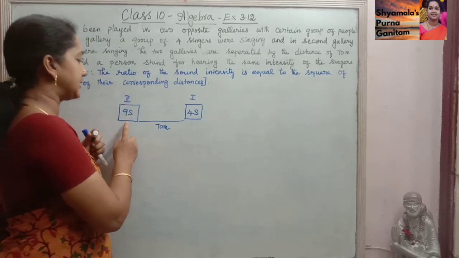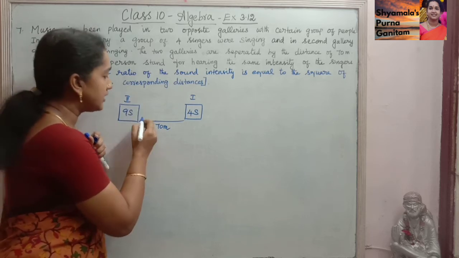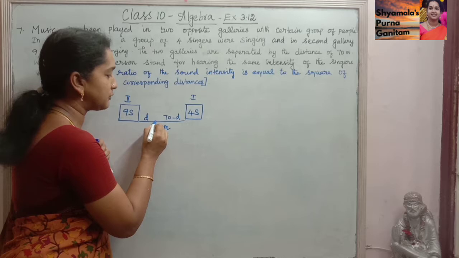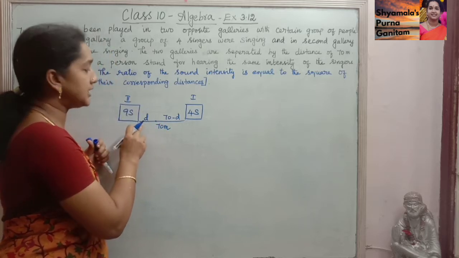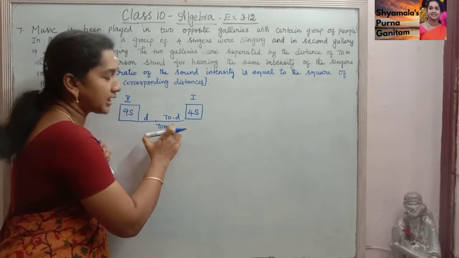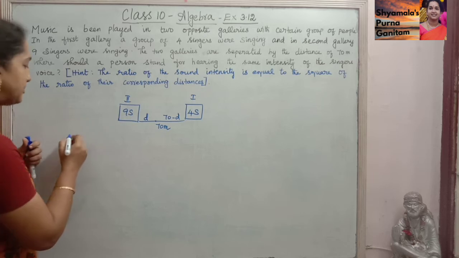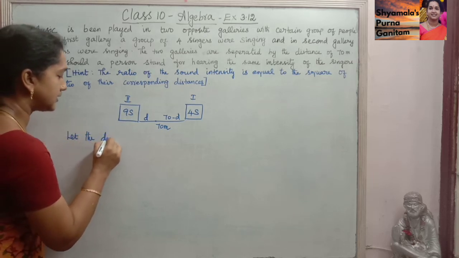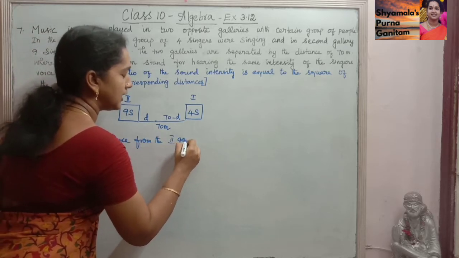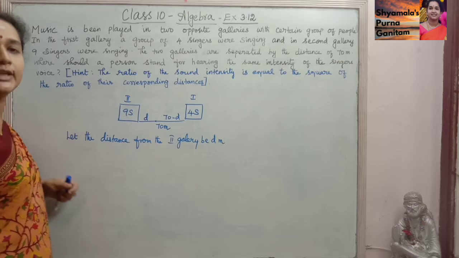We take the distance from the second gallery as D. If a person stands at this point, the distance from here to here is D, and since the total distance is 70 meters, the remaining distance will be 70 minus D. So let the distance from the second gallery be D meters.